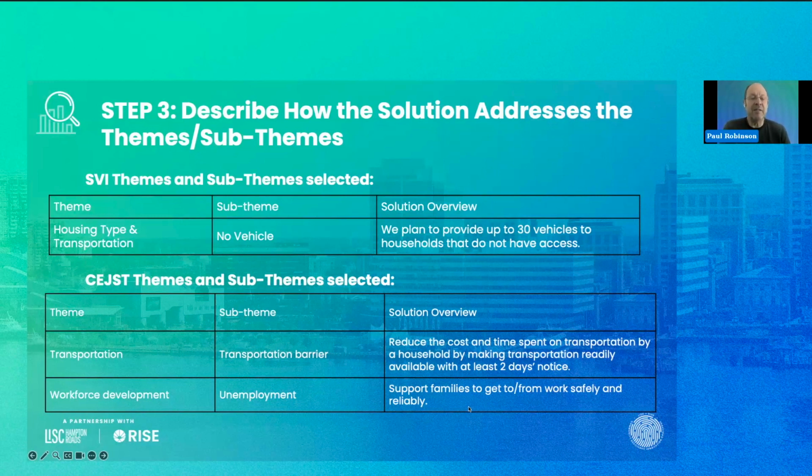Just to reiterate, these themes and sub-themes and the reasons that you present here will be used in developing, if you're invited to, the phase 2 submission and the actual funded submission if you are selected as a winner. So be judicious in which ones you select, because they'll be used to form the basis of your future plan.